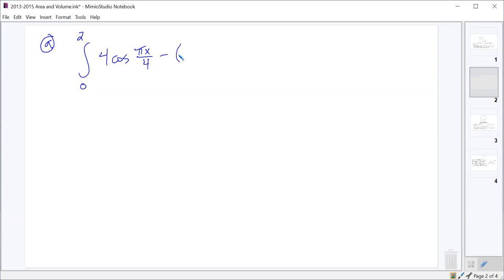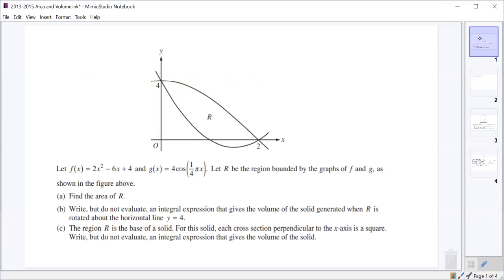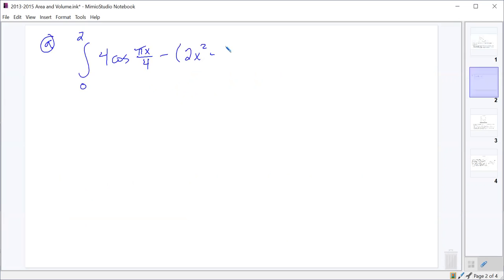And then the parabolic one, what was the parabolic one? 2x squared minus 6x plus 4, dx. Everybody good with that setup? Okay, so that setup right there, just having the right thing in the integrand, is 1 point.